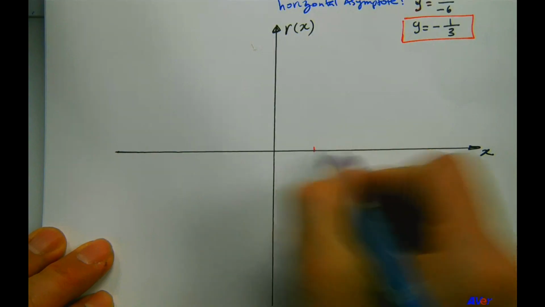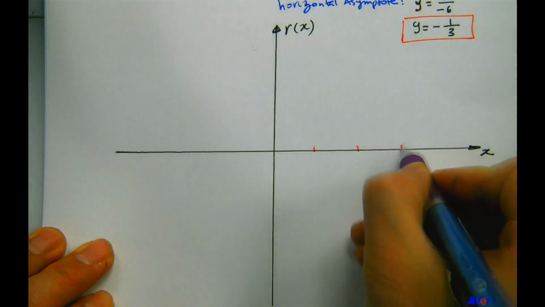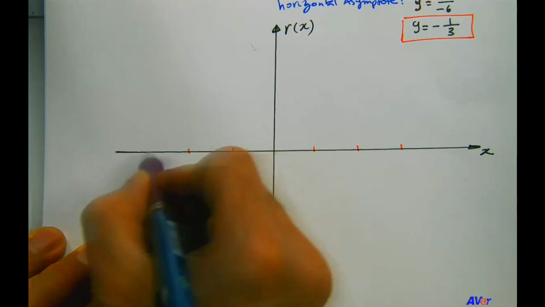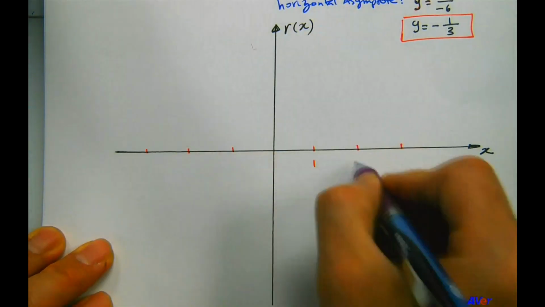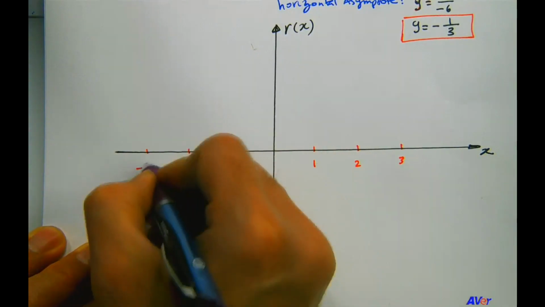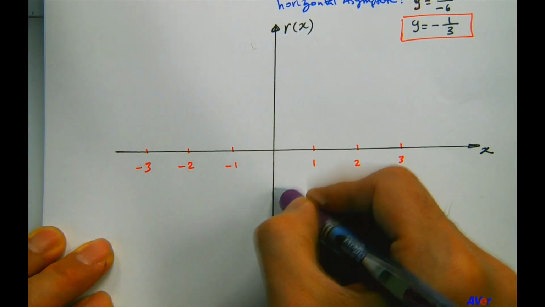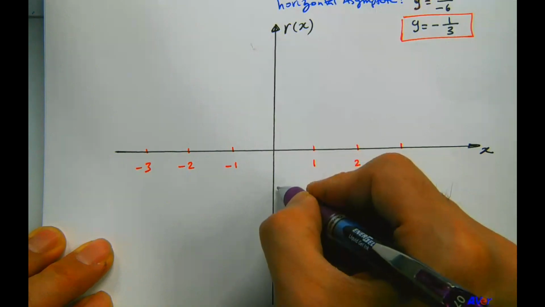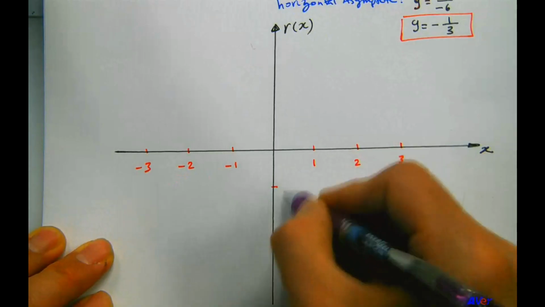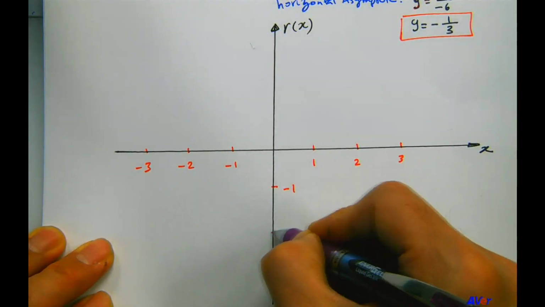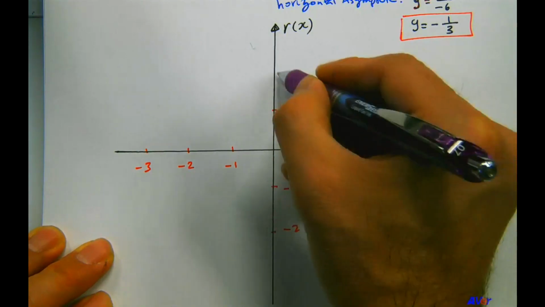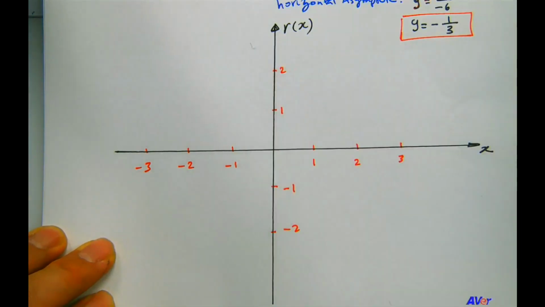So 1, 2, 3, and then -1, -2, -3, and so on, -1, -2, and then 1 and 2, right?